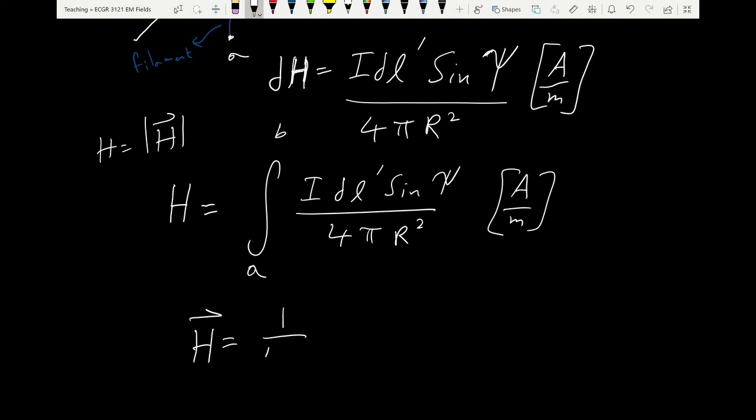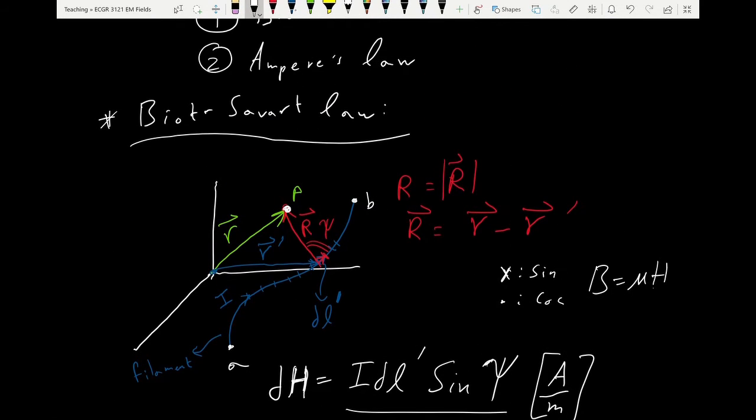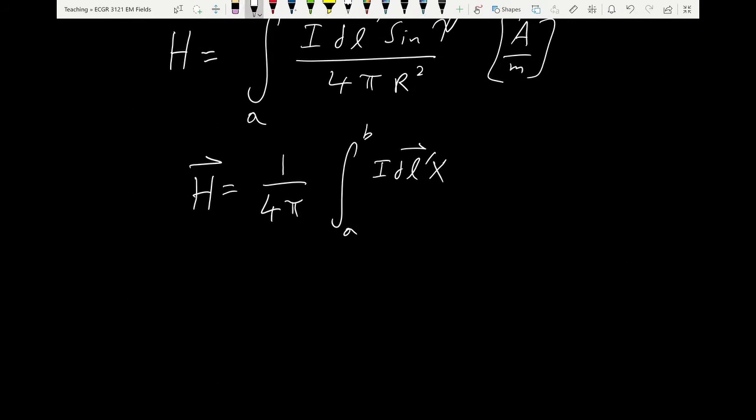It looks like this: 1 over 4 pi integral from the start point of the current to the end point of the current, I dl prime as a vector. Remember, this is a directed element, cross R capital. What is R capital? R capital, we said, is r minus r prime, over the magnitude of r minus r prime, squared.